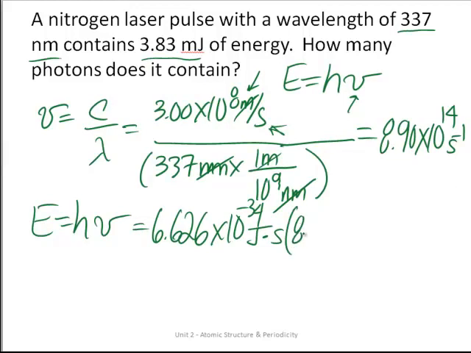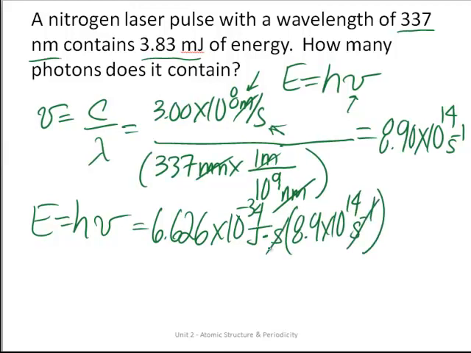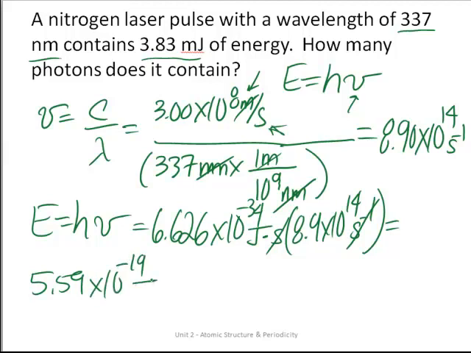Multiplying that by 8.9 times 10 to the 14th reciprocal seconds, our seconds are going to cancel out, and what we're going to be given is units of joules for energy, and of course this will be 5.59 times 10 to the negative 19th joules. Okay, and that is the energy of one photon of light with a wavelength of 337 nanometers.